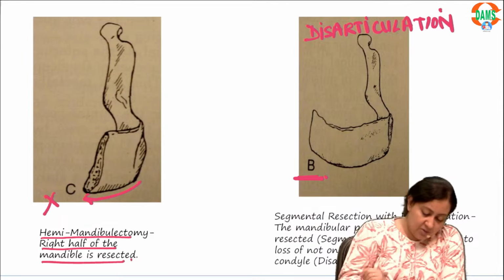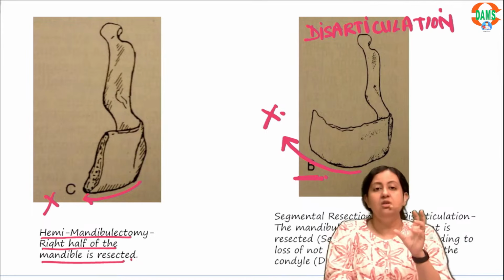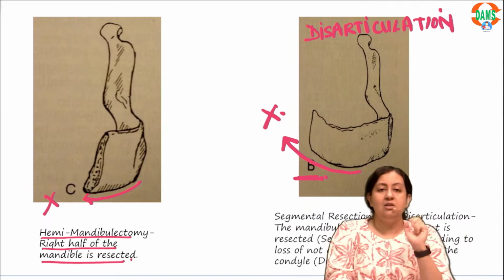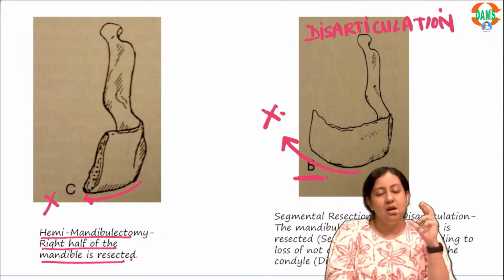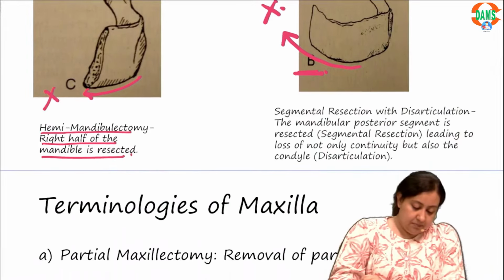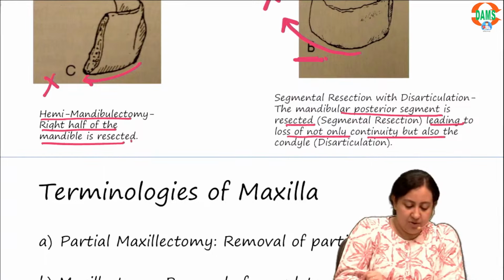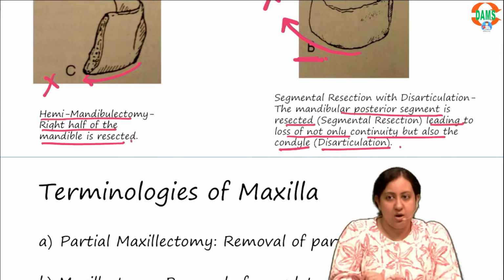In the previous one, you were removing one half of the mandible, but here even if you're removing just the joint, it will be called segmental resection, because in the condyle area your continuity of the mandible has been lost. So the posterior segment is resected, leading to loss of not only the continuity but also the condyle, known as disarticulation. So I hope this is clear.